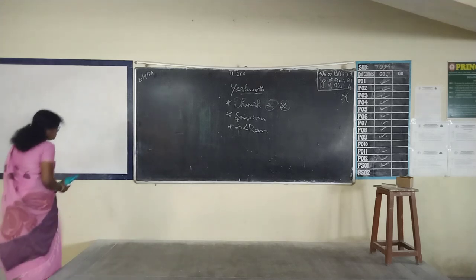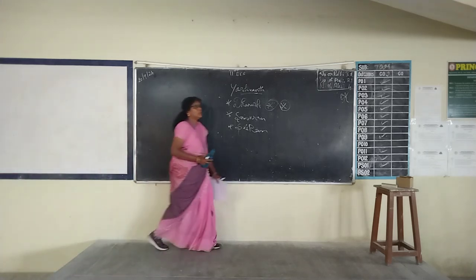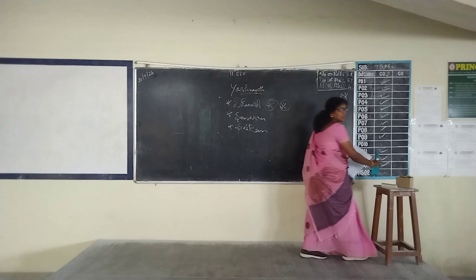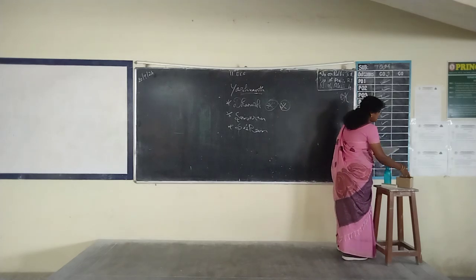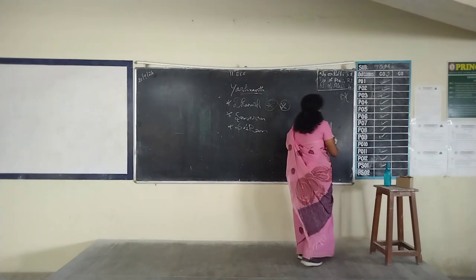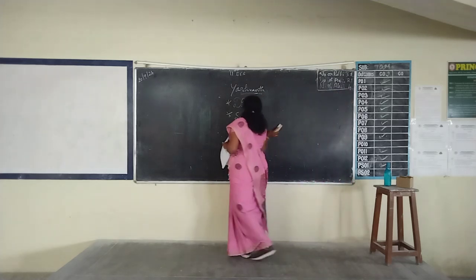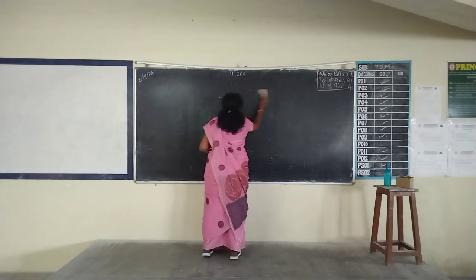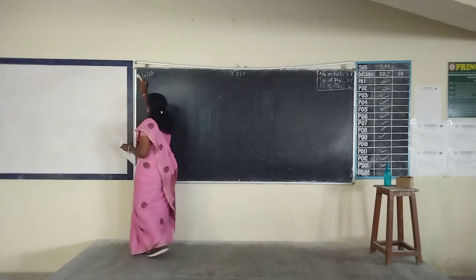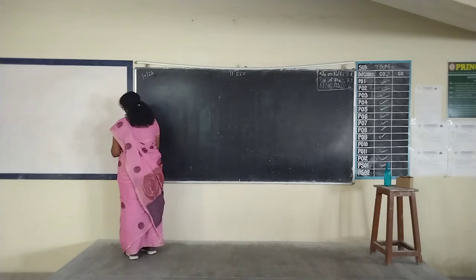So take your definition. Let V be a vector space over F. F is a field.